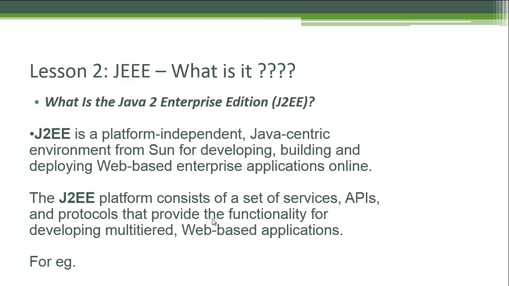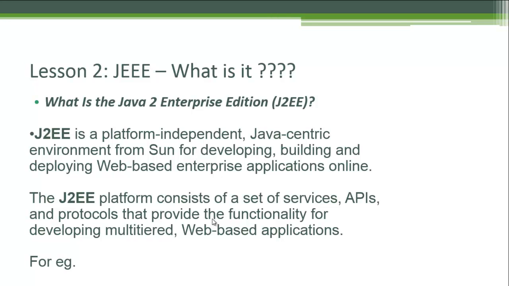By services we mean JDBC, Java Database Connectivity. We have Maven. All these you will come to know afterwards. These all are services. NetBeans is a service. By APIs we mean packages, like the default Java package java.lang, which is available by default for every Java program, and we have the servlet package, the JDBC package, the SQL package.